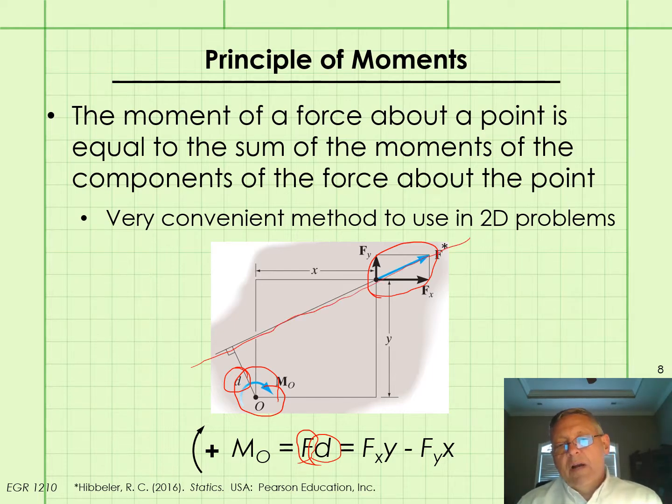And in a lot of 2D problems, D is relatively straightforward to find, and so using F times D is the best way to solve the problem.